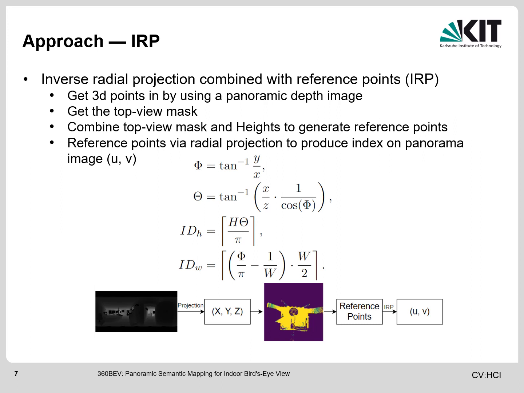Then these 3D reference points are projected onto the sphere to generate 2D reference indexes, as shown in the equation below, where index height and index width represent the index values at the 2D reference for the height and width of the feature map, respectively. And the 2D reference indexes are then used to locate the corresponding feature points on the encoded front view feature map.